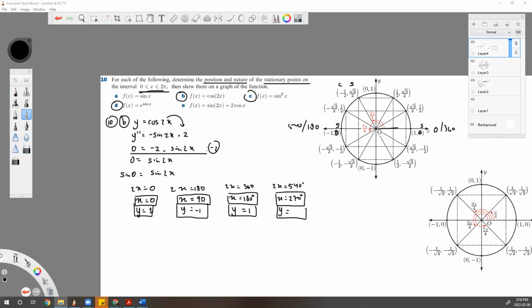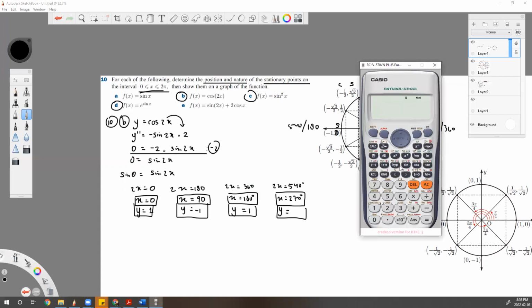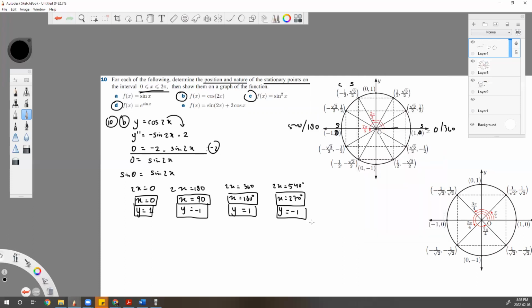I don't know why. Wait, I'm opening the calculator again. There you go. Cos 2 times 270. I bet this is -1. No, I forgot, degrees. -1. See?